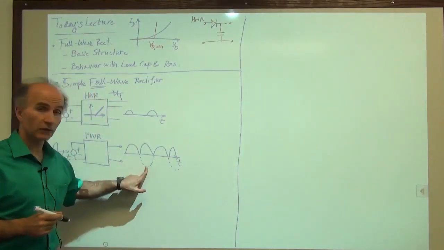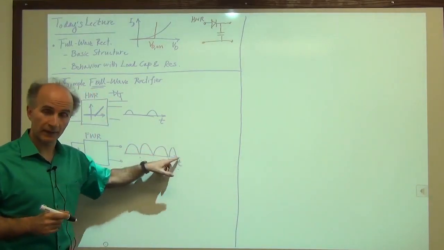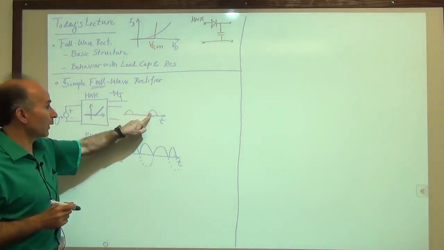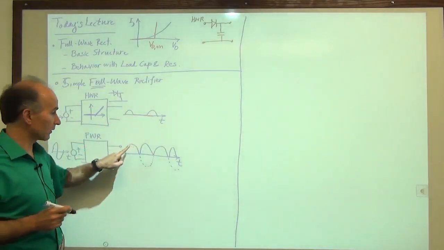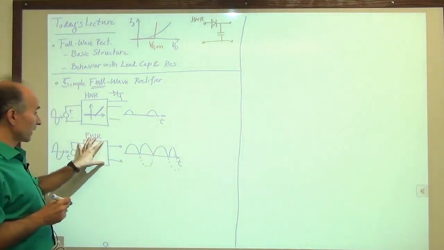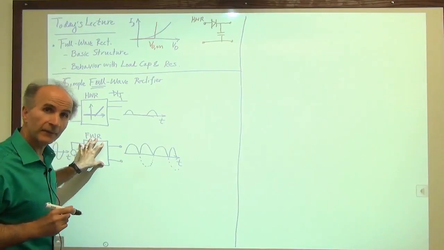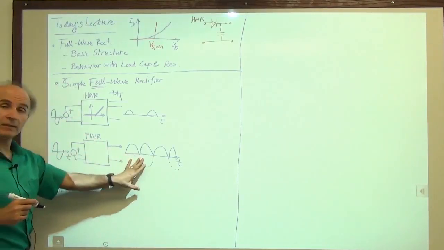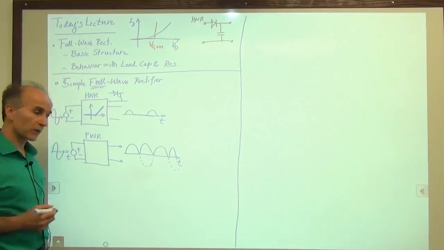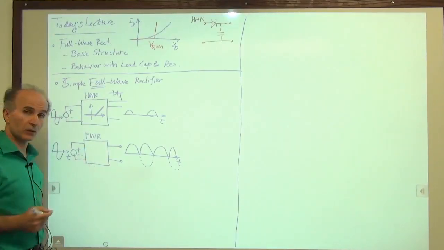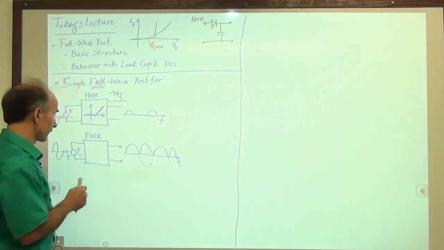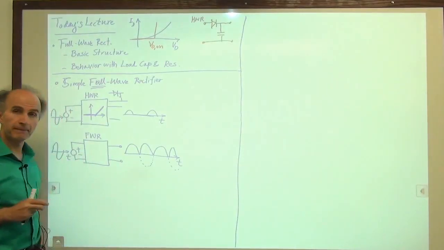So negative half cycles become positive half cycles, and they come out. So that's why the first is called a half-wave rectifier. This is called a full-wave rectifier. So what's inside this box, which we don't know yet, performs this type of operation, as opposed to what we had here. Okay, so this is the circuit that we would like to synthesize, we would like to build. And the question is, how do we do that?